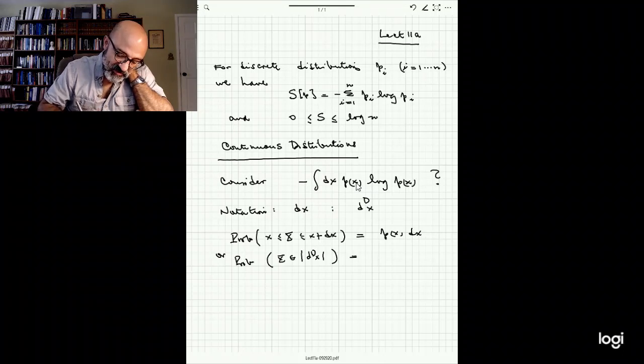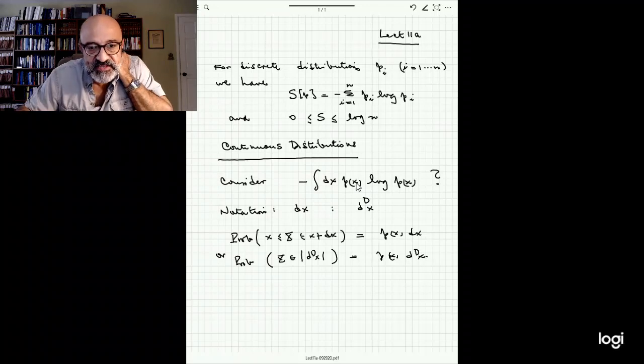This is what we call p(x) d^d x. Things like that. So this is general. It's the probability that whatever your random or unknown variable is lies within a certain range. So you have a probability density there.